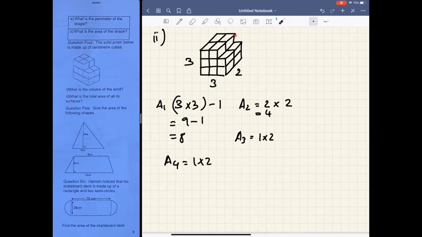This area here is 2 times 2, area 5 equals 2 times 2. Now we've got to do the side going that way. That's 3 by 3, which is 9. Area 6 equals 3 times 3, which is 9.